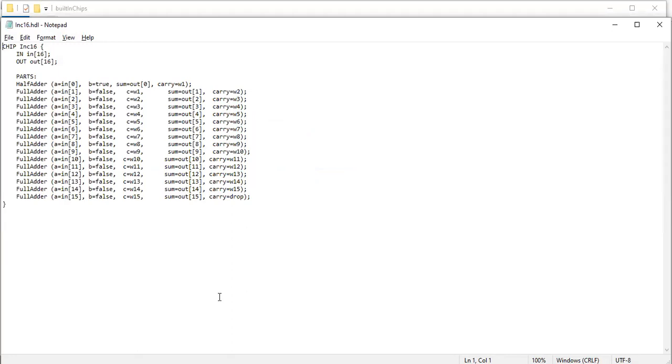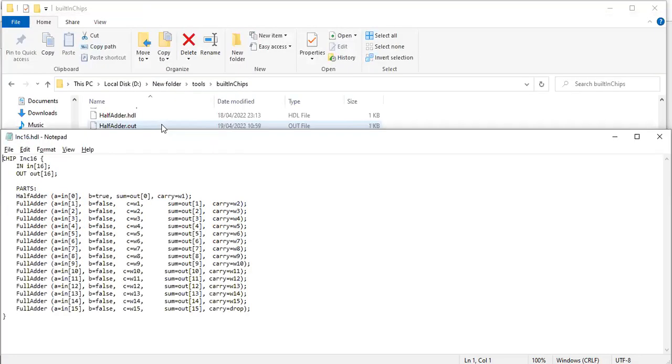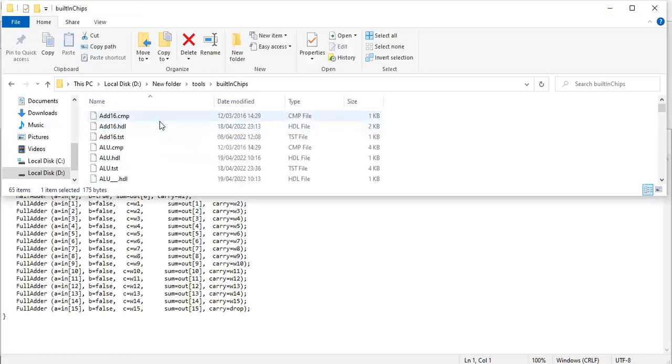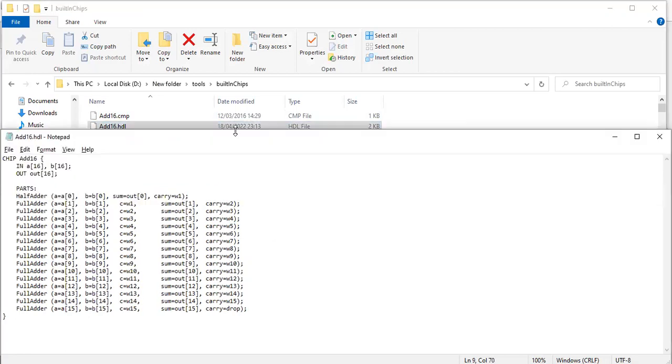Sa inyo na-observe. What does this look like? Notice na almost exactly the same siya sa inyong gibuhat na 16-bit adder. So ato i-compare mo ni inyong 16-bit adder.